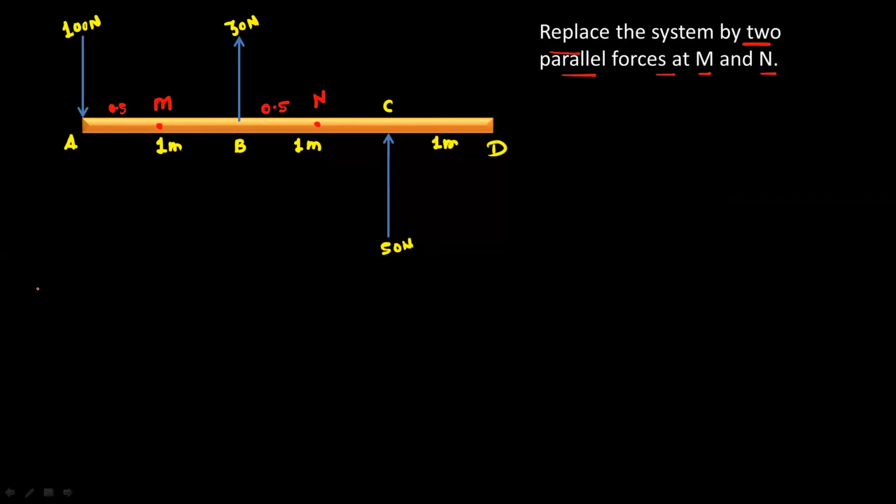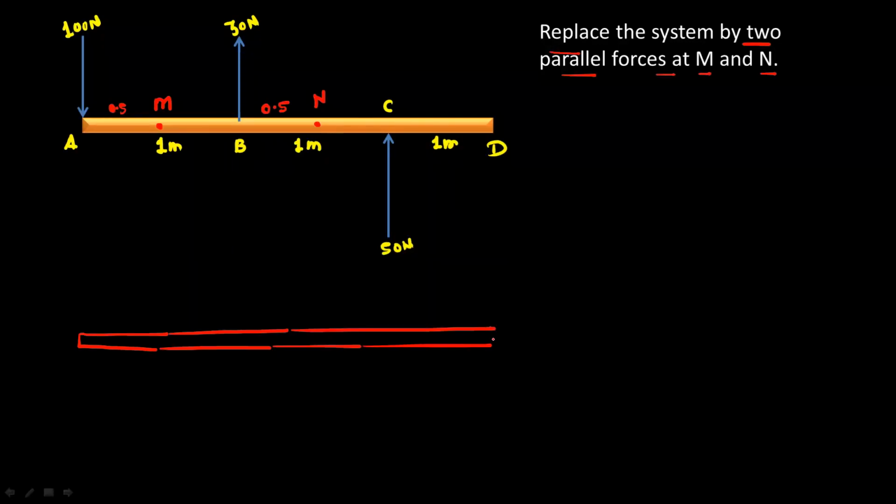So for that, we'll draw this original system, that is a rod AB. Okay, two points are given, M and N, at half distance of AB and BC.